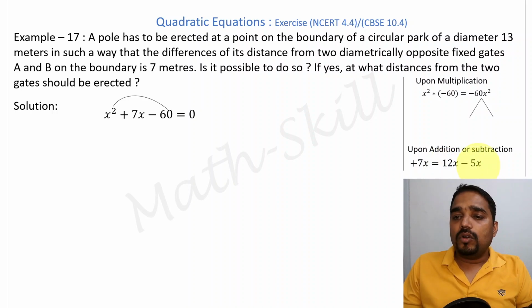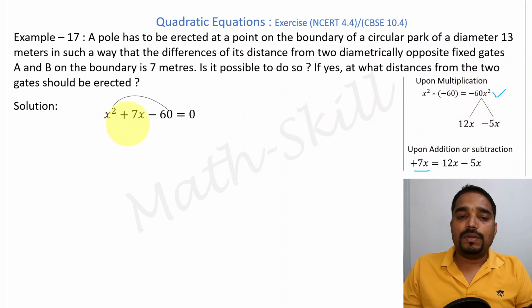Now to check the second condition, upon multiplication of plus 12x and minus 5x, plus into minus is minus, 12 fives are 60, x into x is x square. Therefore, both conditions are satisfied: upon addition or subtraction we get plus 7x, and upon multiplication we get minus 60 x square.